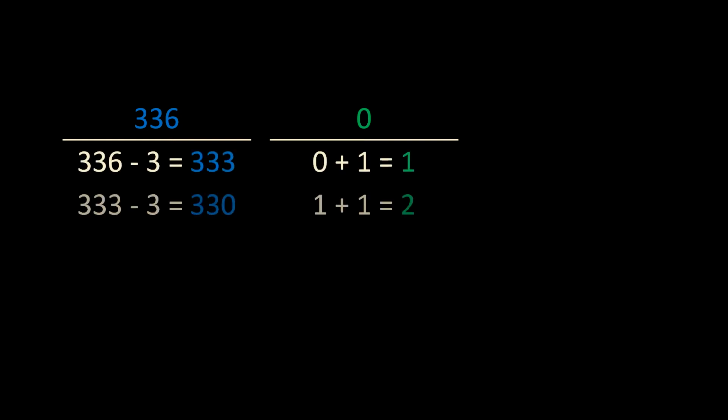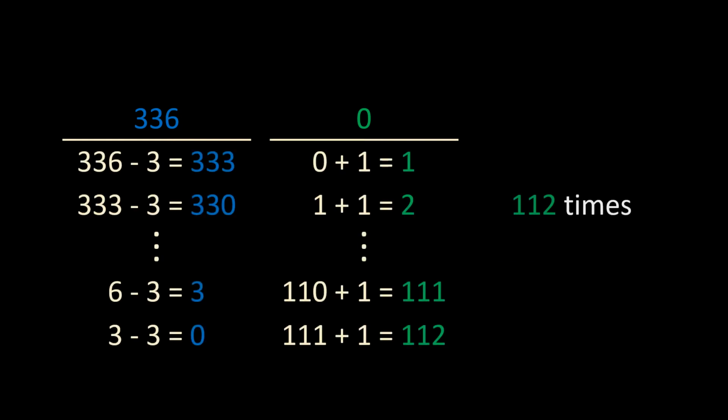Now this method works well for a small number like 12. But if we want to divide a large number like 336 by 3, we will have too many steps, and therefore it will take forever to figure out the answer. But luckily, we can take shortcuts in this method. For example, we can combine two steps together.